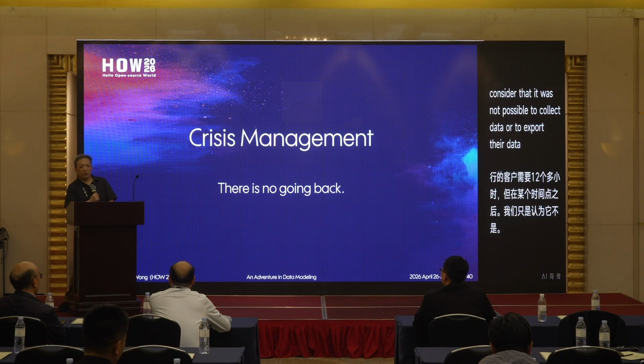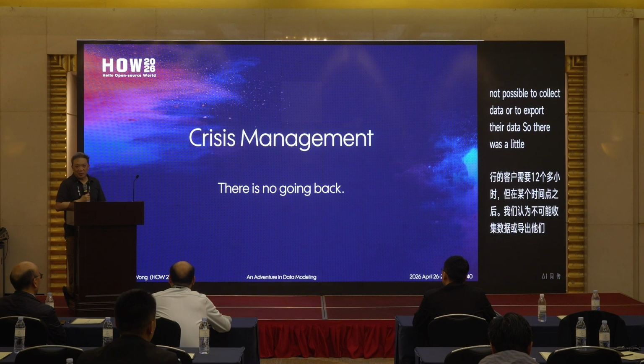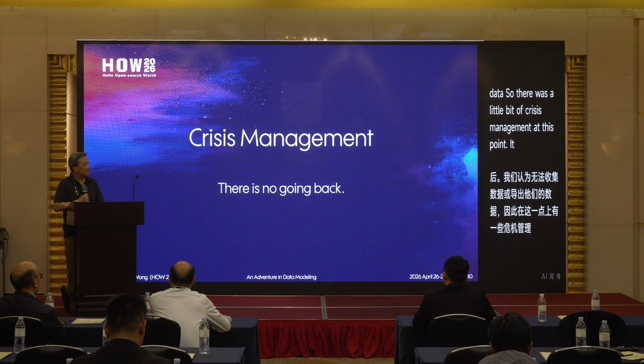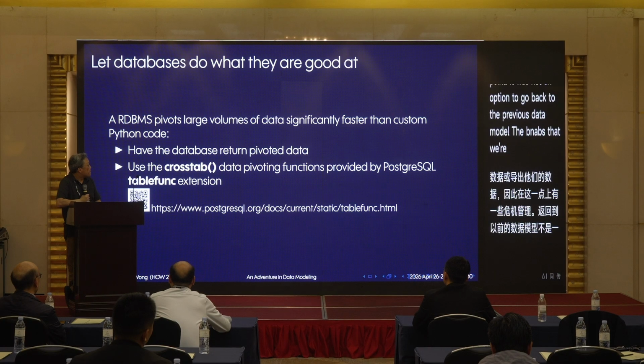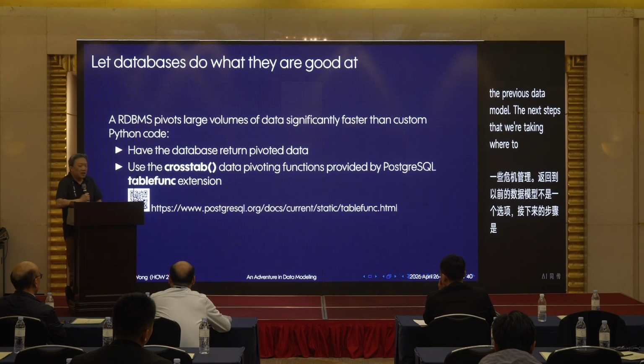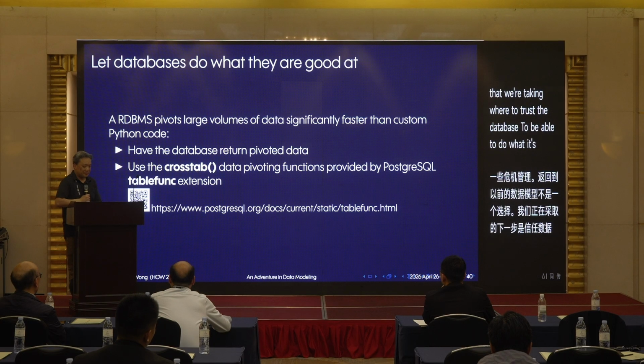So there was a little bit of crisis management at this point. It was not an option to go back to the previous data model. The next step that was taken was to trust the database to do what it's good at, to be able to handle large volumes of data.